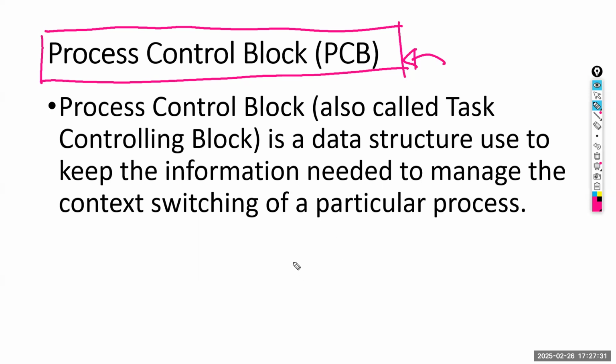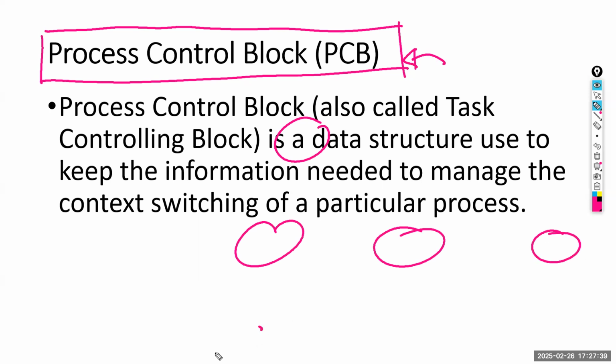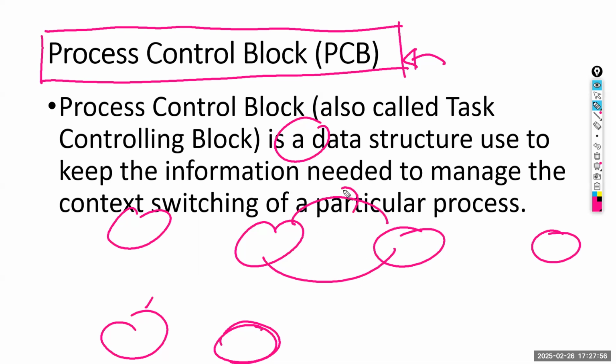So remember a process can be in different states: new, ready, running, exit, blocked, ready suspended, block suspended. And again, they can go from one state to the other. And remember here also, ready to running to ready, you keep coming.